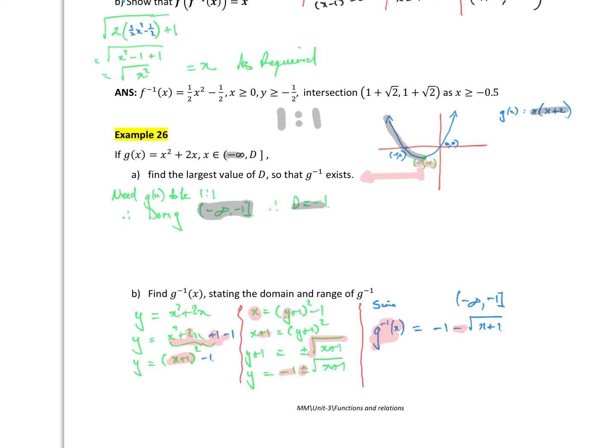The domain of G inverse is equal to the range of G, which is from negative 1 to infinity. The range of G inverse is equal to the domain of G, which is from minus infinity to negative 1. So hopefully that corresponds with what I had earlier.